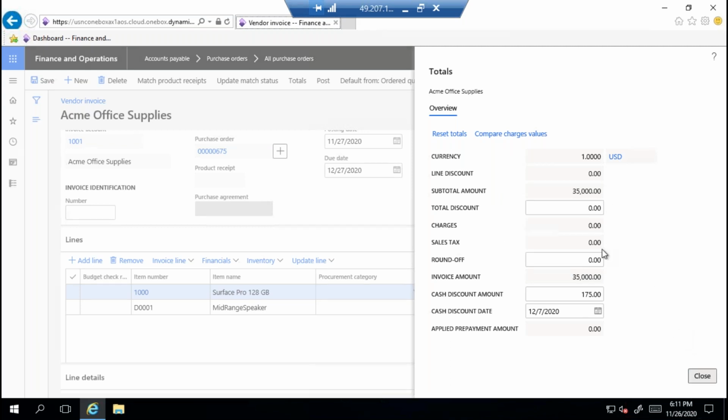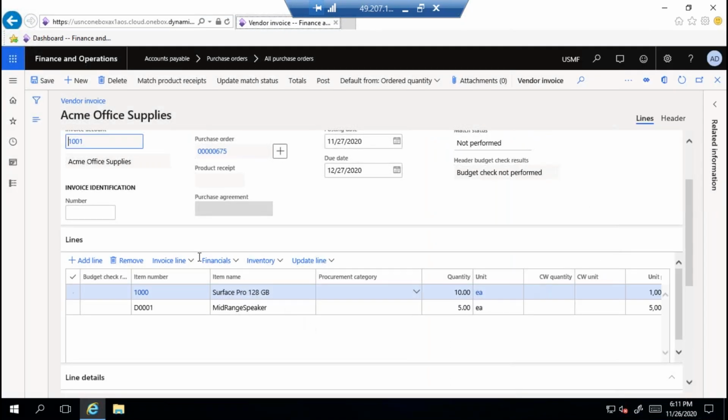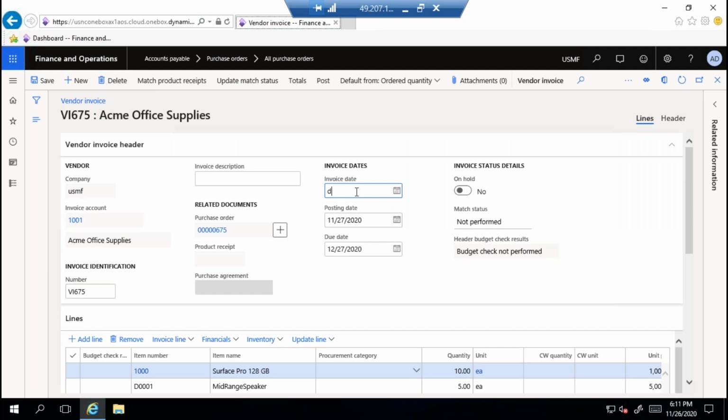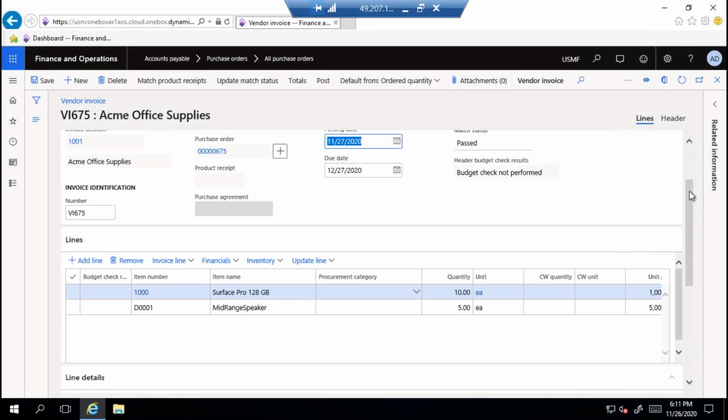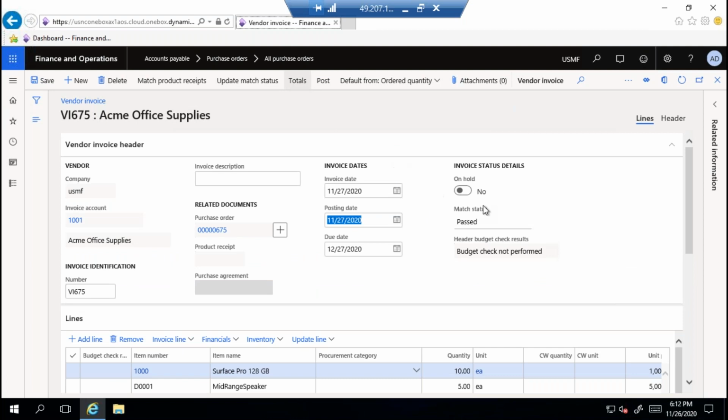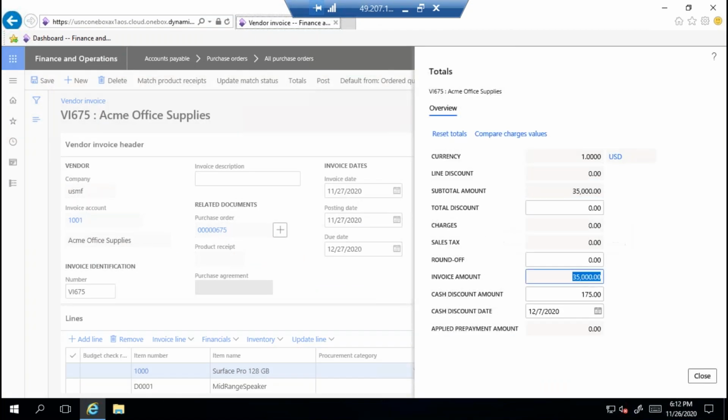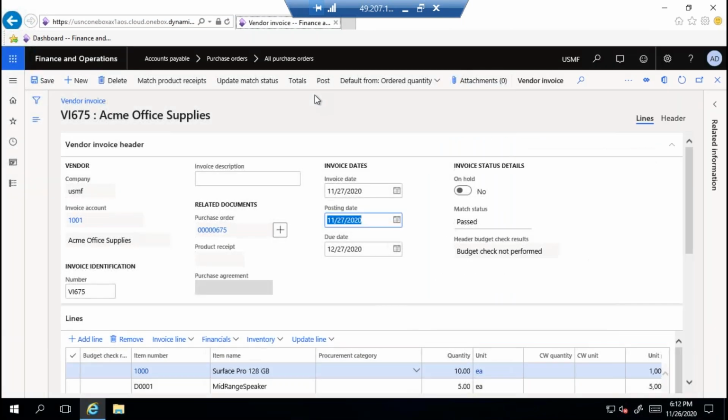So the vendor invoice is like this only. I'm entering the vendor invoice number and date, updating the match status, performed. Now I'm posting. Before this, I have verified totals. It is 35,000. No issues.